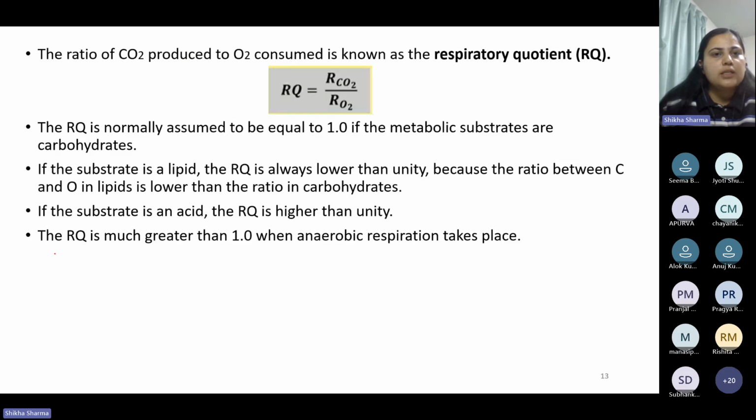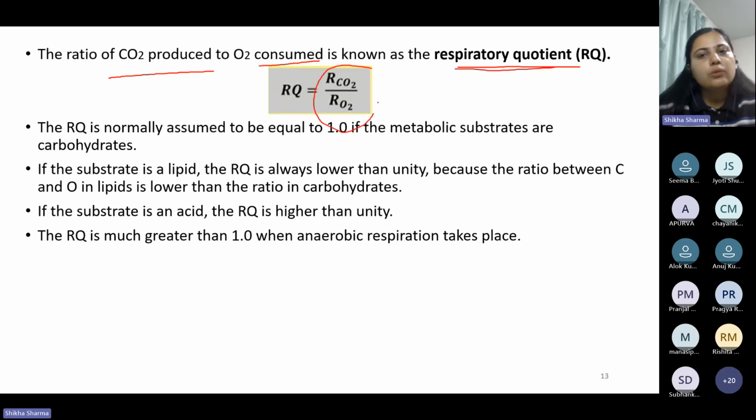Option C is correct. Since we know that the ratio of CO2 produced to the oxygen consumed is the respiratory quotient. So RQ is RCO2 divided by RO2. RQ value is normally assumed to be equal to 1 if metabolic substrates are carbohydrates, and if substrates are lipids, then it is always lower than unity, because the ratio between C and O in lipids is lower than the ratio in carbohydrates.